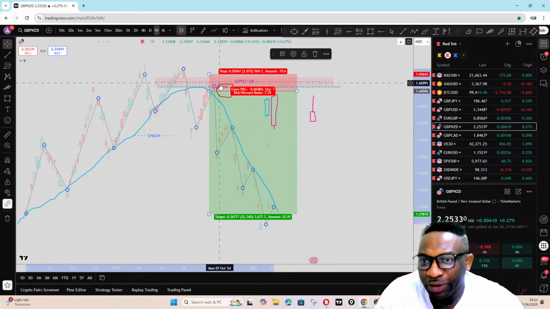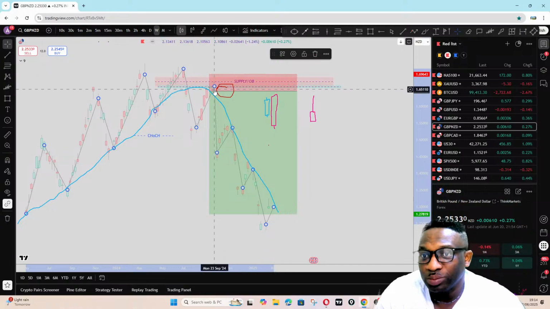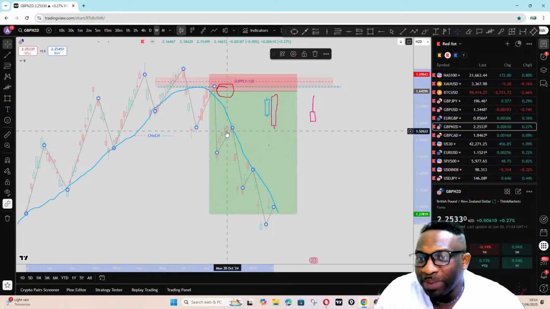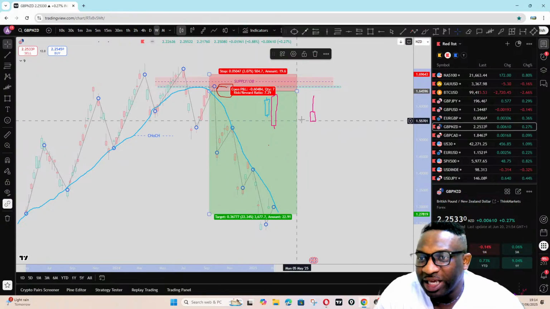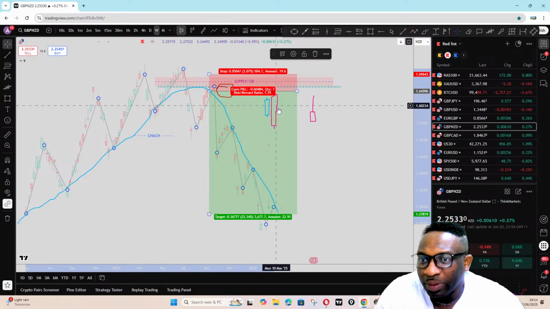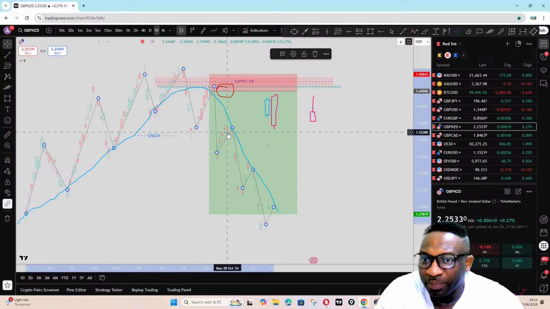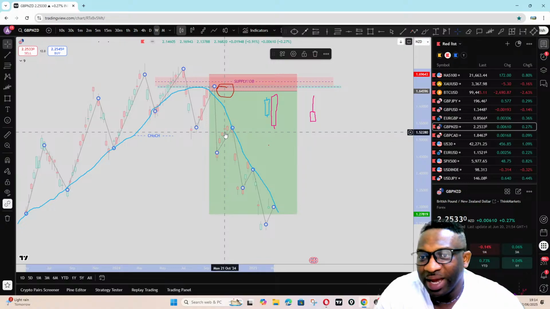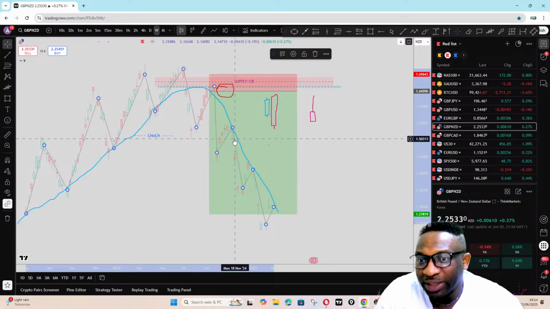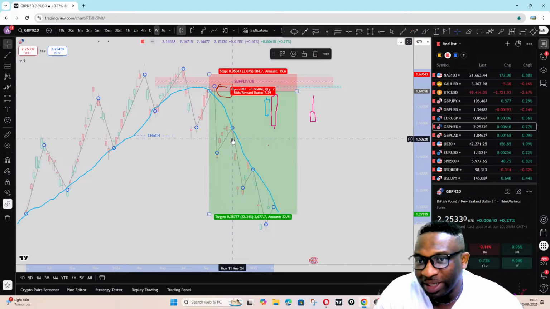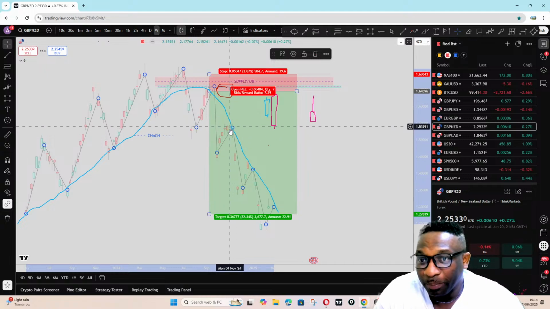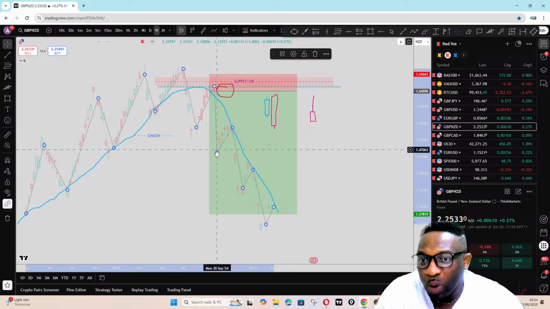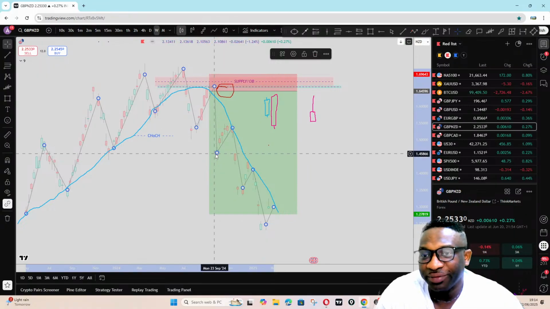Once I make this first entry here, and perhaps I want to add to my entry, as price pulls back to the 20 moving average, and it gives me one of these events where the blue candle or the green candle, whichever color you might have on your chart, is taken out by the red candle or purple candle as I use on my chart, then I put another entry here, provided price is near or at the 20. If it's wide apart, I'm not adding. If it's wide apart or away from the 20 moving average, I'm not adding.